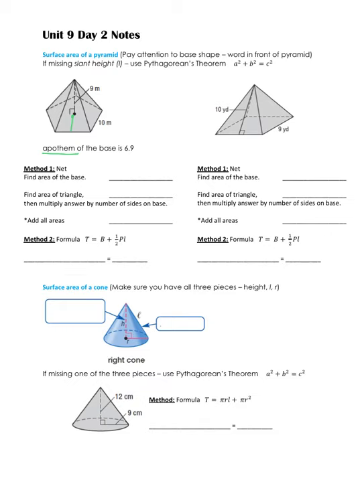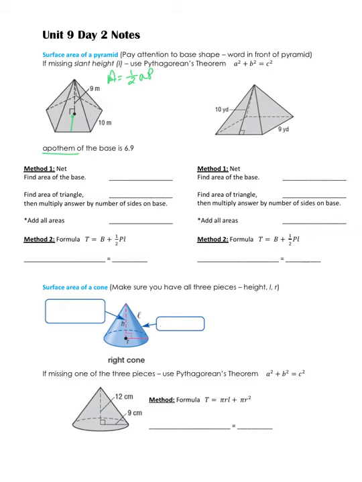You need that to find the area. The area of that polygon is 1/2 times the apothem times the perimeter. Alrighty? That should be on your cheat sheet.